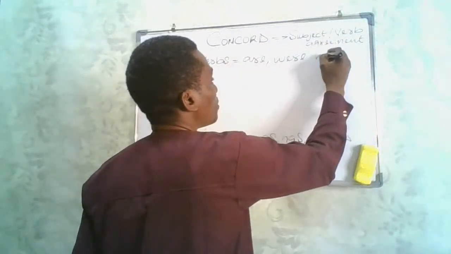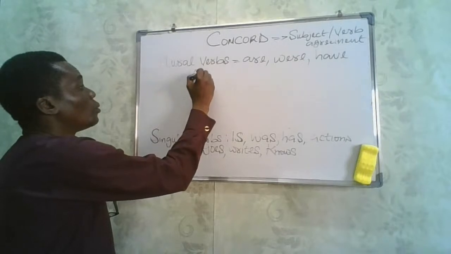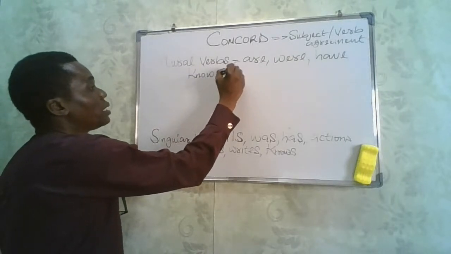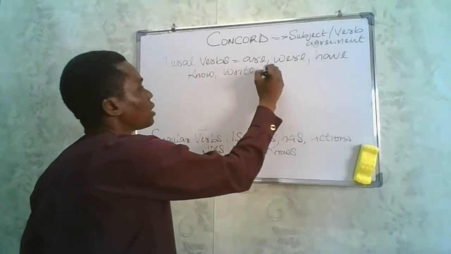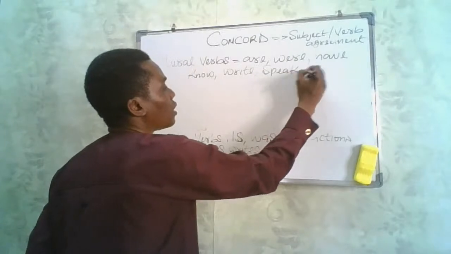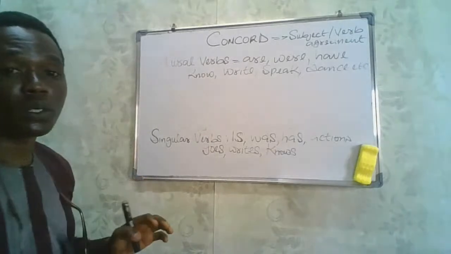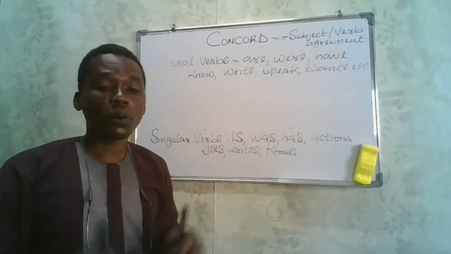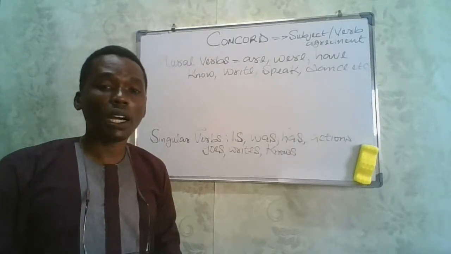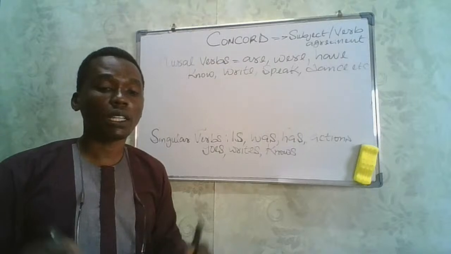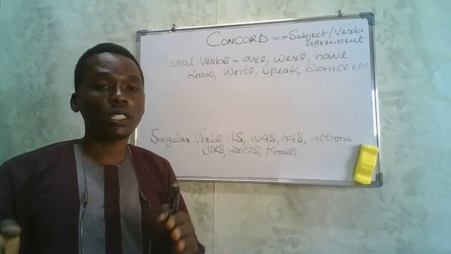Have, and action words like know, write, keep, speak, dance, etc. All these are what we call plural verbs. So get to know what singular verbs are and what plural verbs are. That way, you can get to know the relationship in each concord.